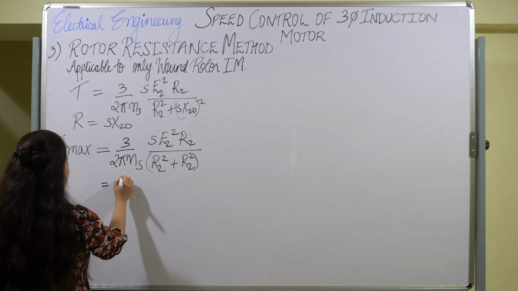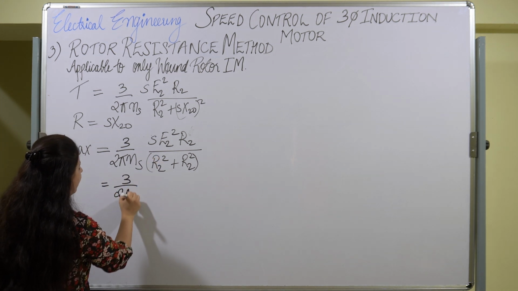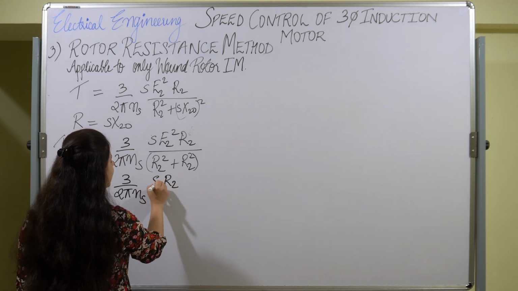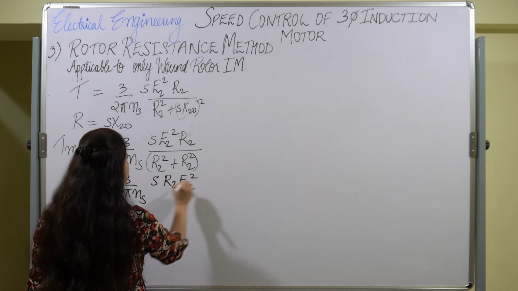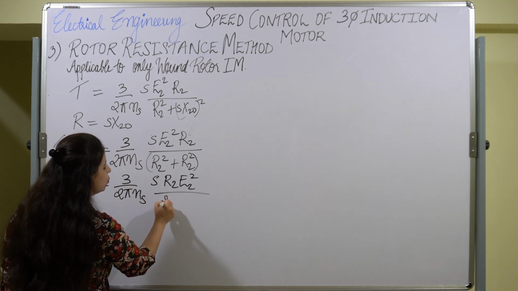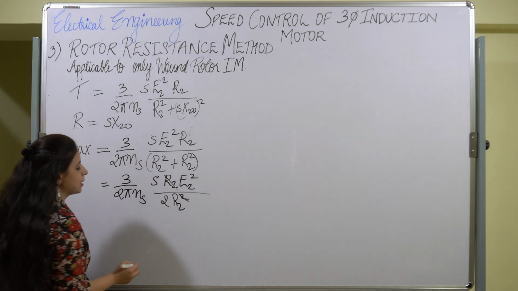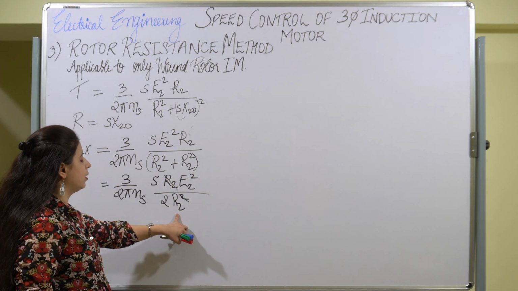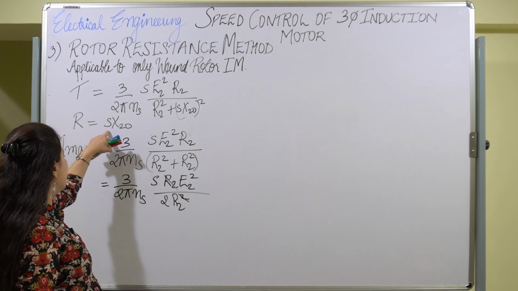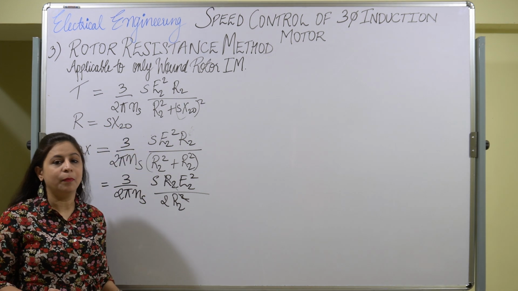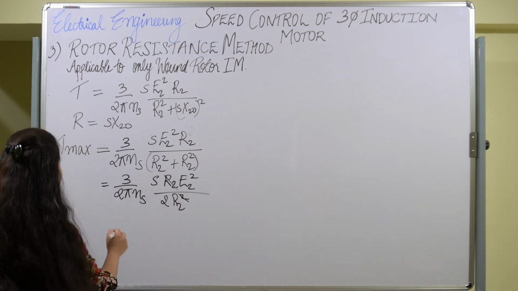So from here I get 3/(2π ns) × R2 s E2²/(2 R2²). My R2 gets cancelled. Instead of R2, I replace it by the reactance s X2.